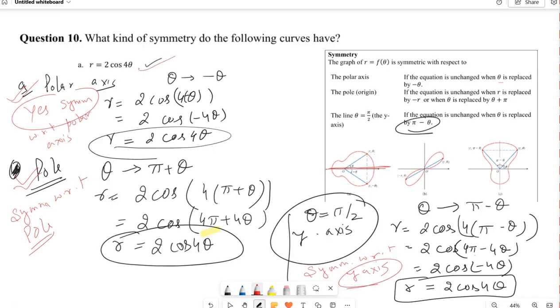So this graph is fun. This is symmetric with respect to the polar axis, which is basically the same as the x-axis. This is symmetric with respect to the pole, which is the same as the origin. And this is symmetric with respect to theta equal to pi by 2, which is the same as the y-axis. So let's see the graph of this.